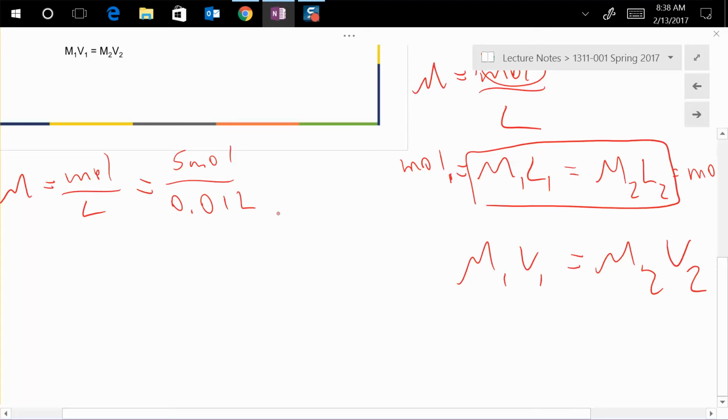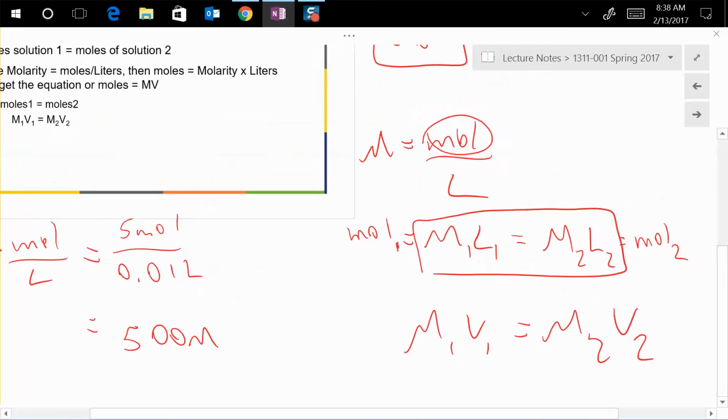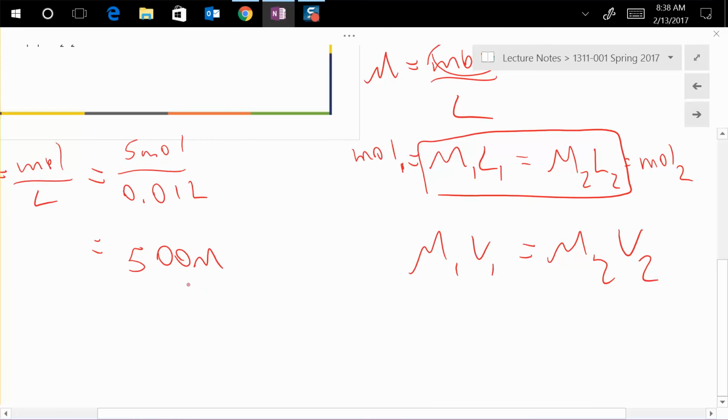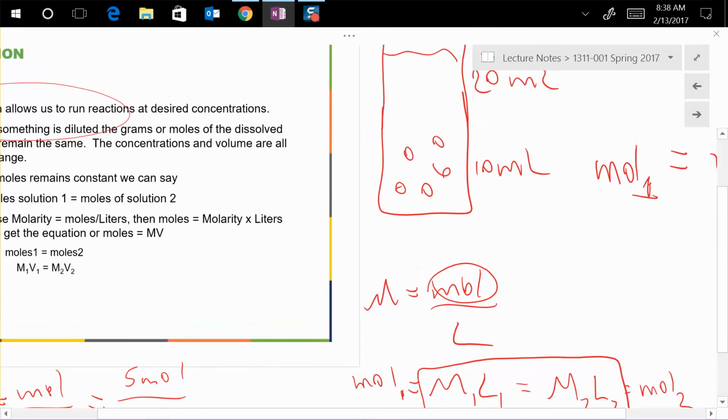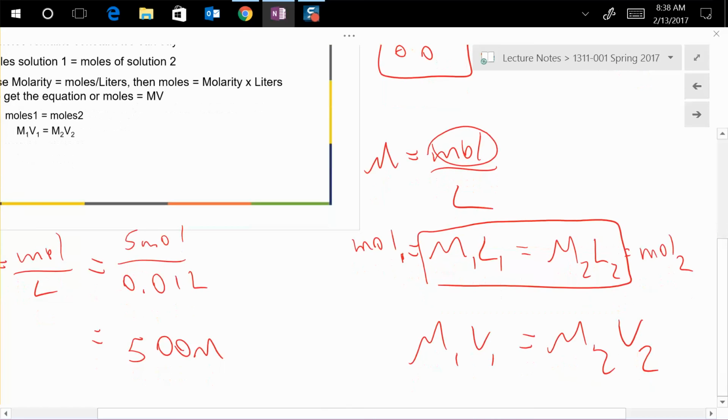So 5 divided by 0.01, what is that? 500? That's very concentrated, right? That's a ridiculous concentration.